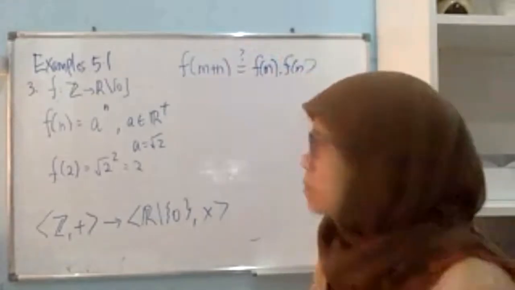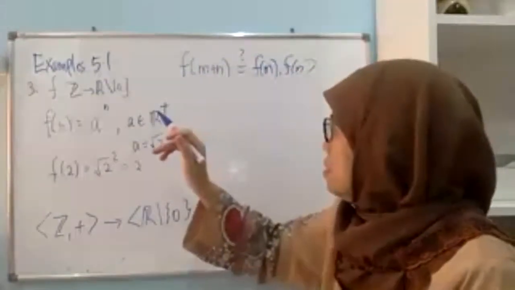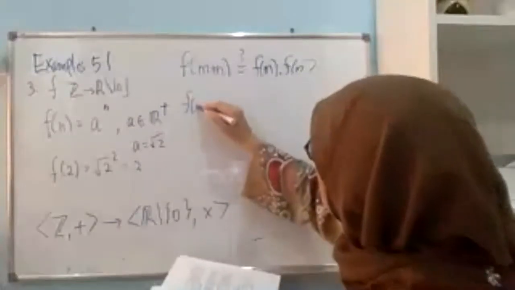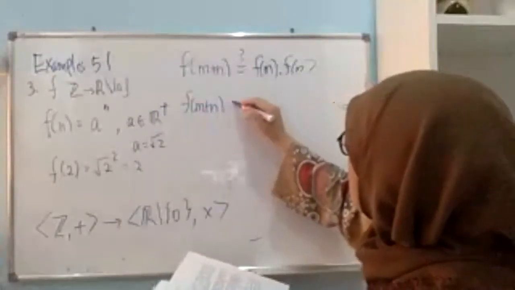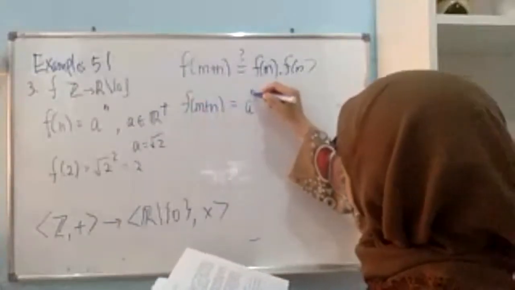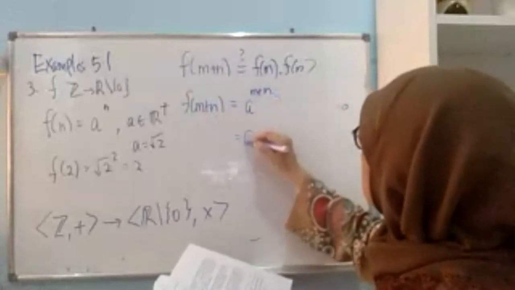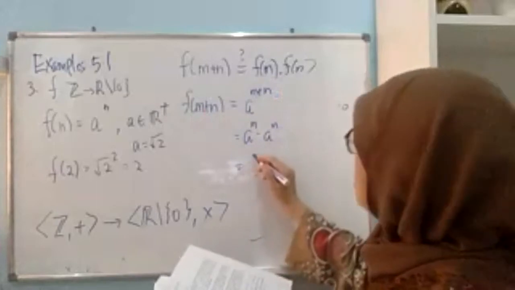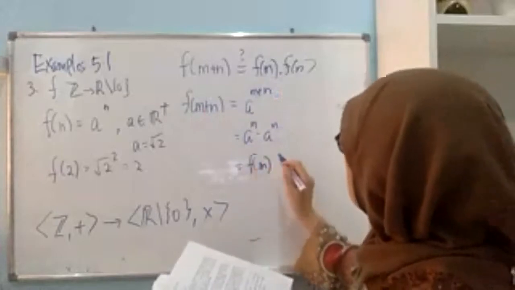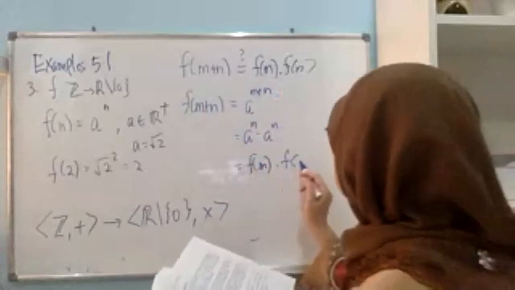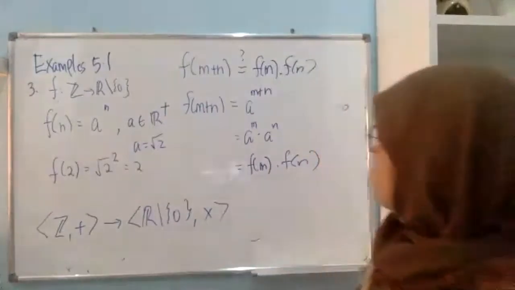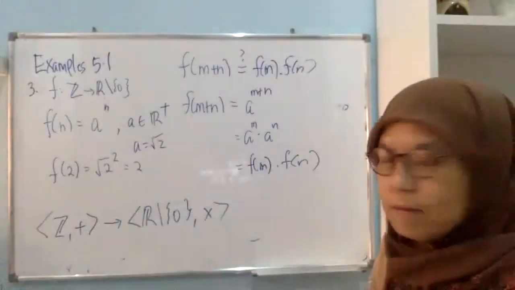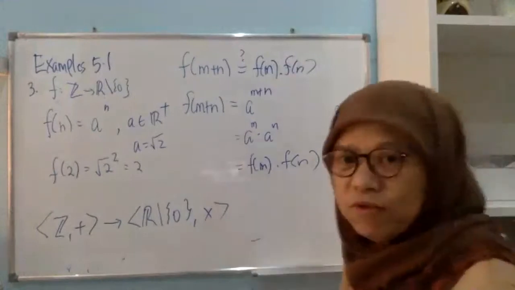So f of m plus n is a to the m plus n, which is a^m times a^n, which is f(m) times f(n). All right, so it is a homomorphism.